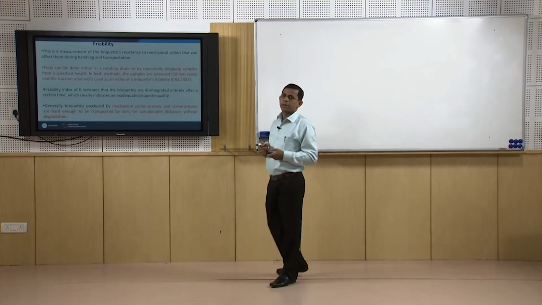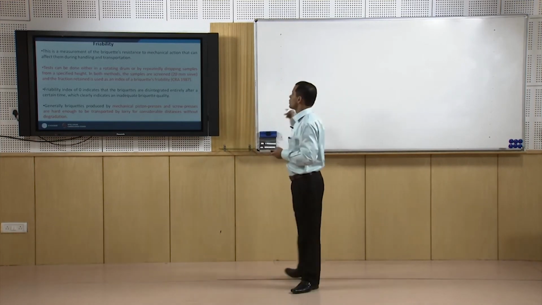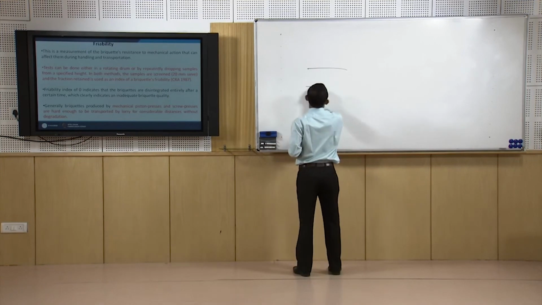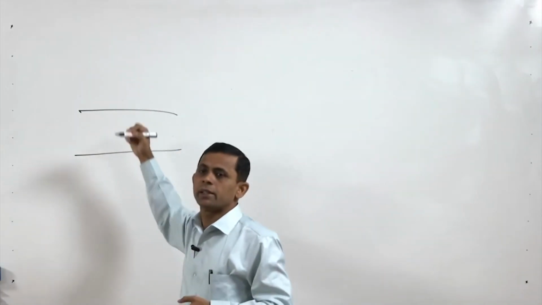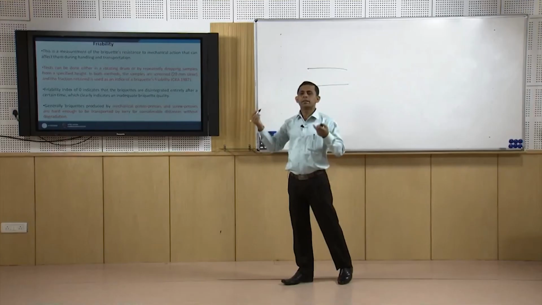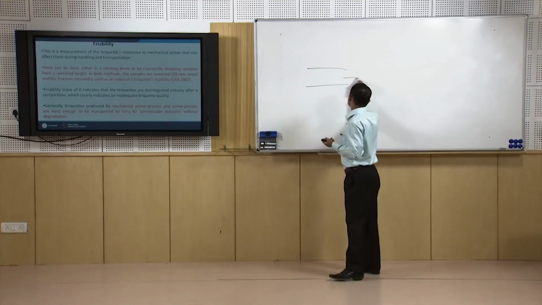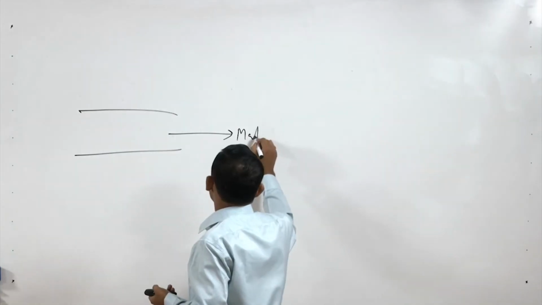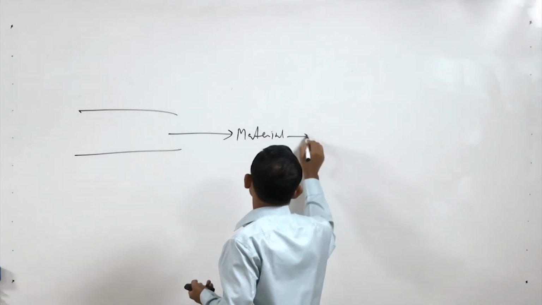For measuring the friability, we can use a rotating drum. We put the material inside the drum, give a certain RPM and continue for a certain time period, then we collect the material and sieve it.